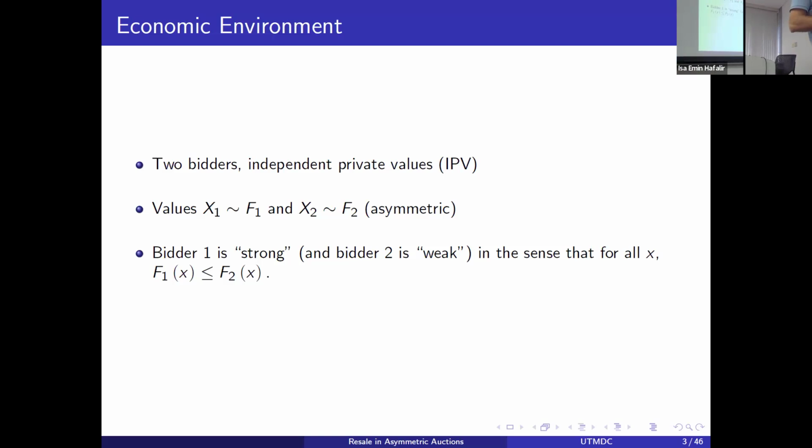So the value for bidder one is denoted by the random variable X1 with distribution F1, and for bidder two it is X2 and F2. Bidder one will be the strong bidder and bidder two the weak bidder in the presentation. Therefore, F1 first order stochastically dominates F2, which means that bidder one is more likely to have higher values compared to bidder two.